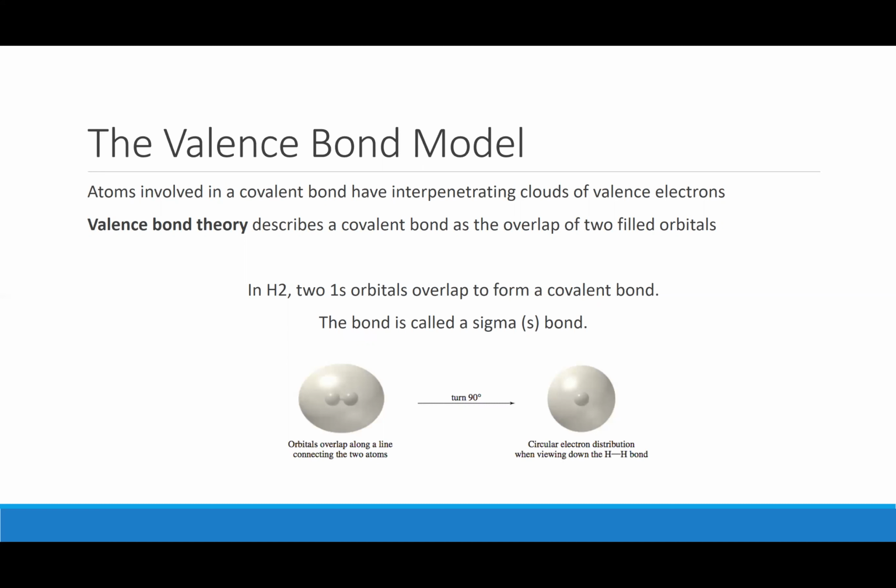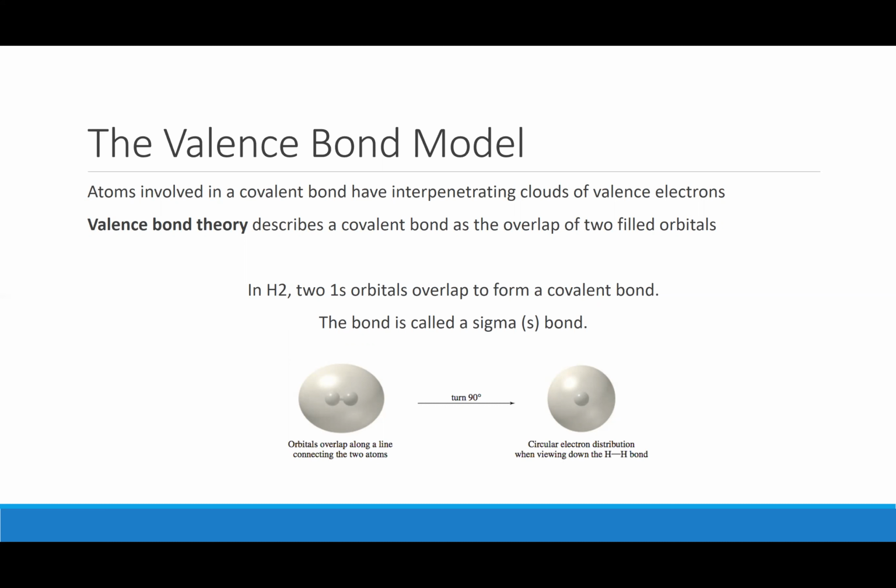Generally, we're going to be talking about the idea of a bond using the valence bond model. We're reminded that when atoms are involved in a covalent bond, when they're sharing electrons, we're interpreting this as clouds of valence electrons that are being overlapped or shared.